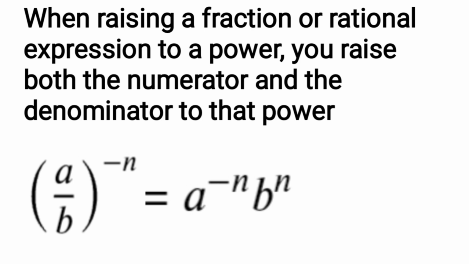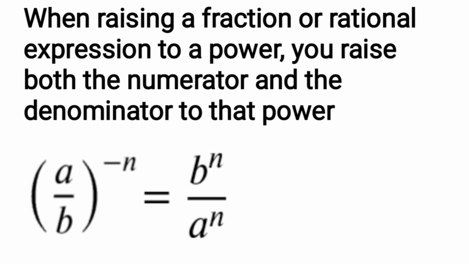Then a must be in the denominator, so we have b to the power n over a to the power n. So quantity a over b raised to the power -n is equal to b to the power n over a to the power n.